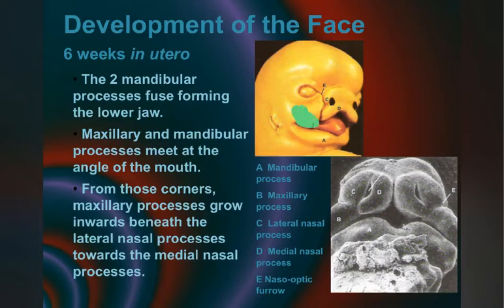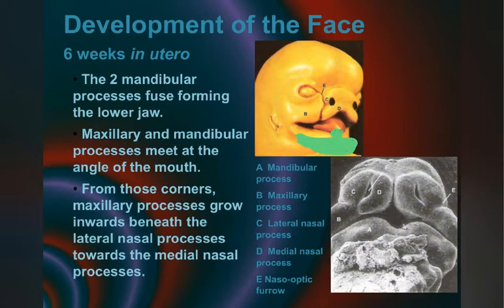Here we see that the maxillary process up here have grown further anteriorly, trying to get closer and closer to both the medial nasal process and the lateral nasal process. Here we see the mandibular process.